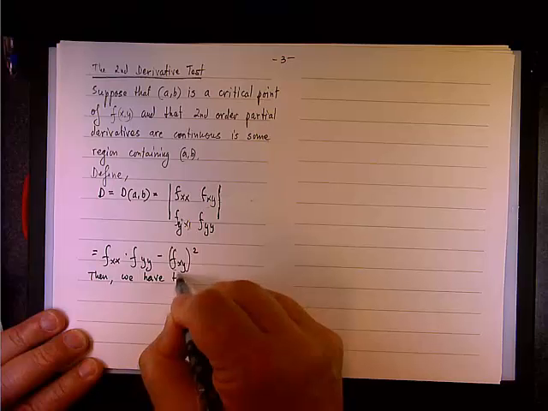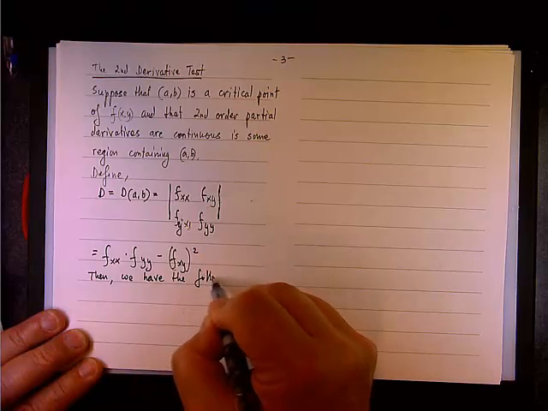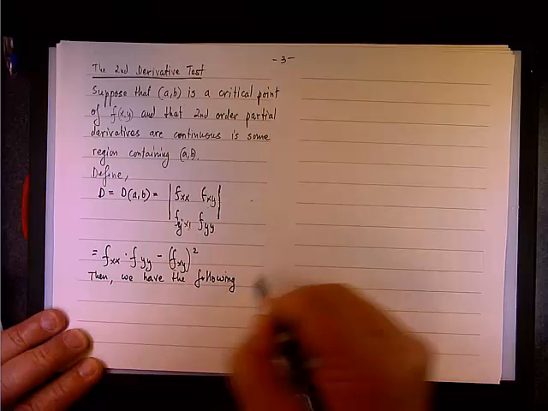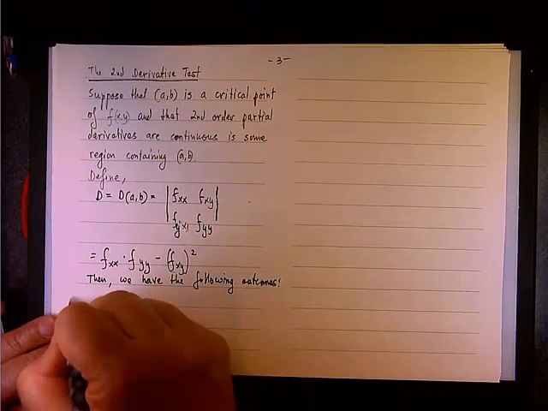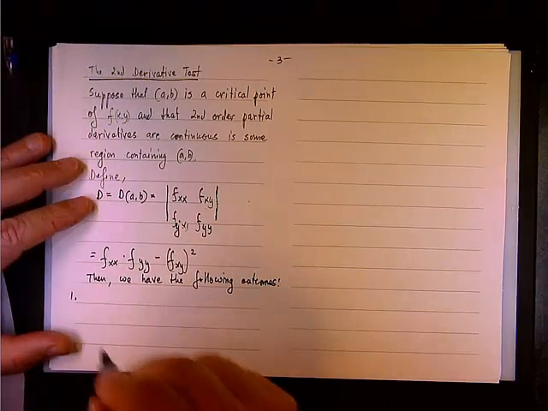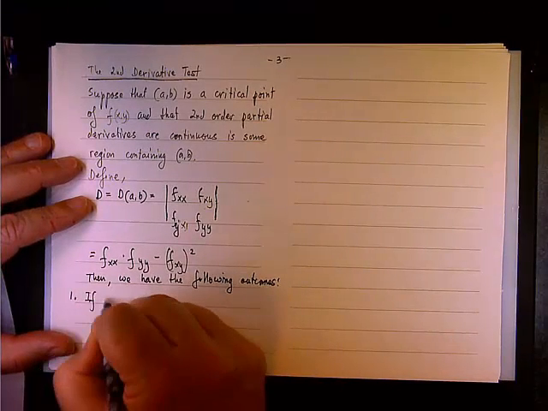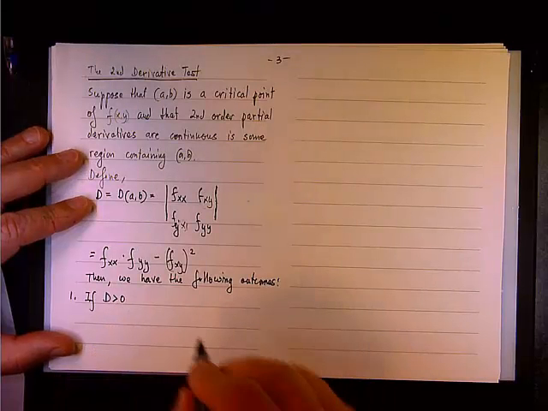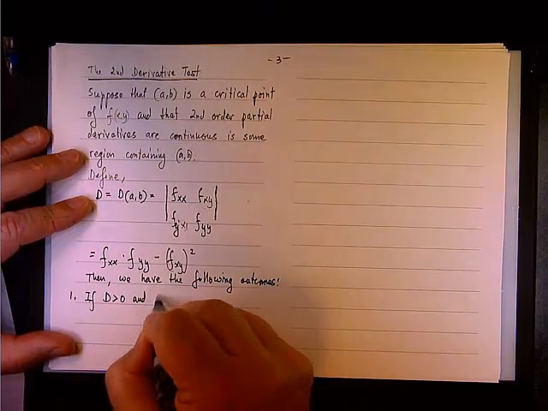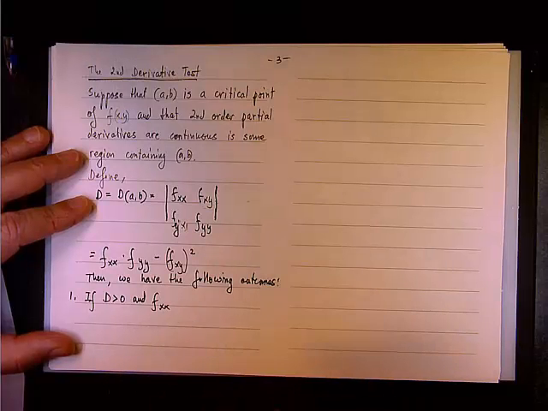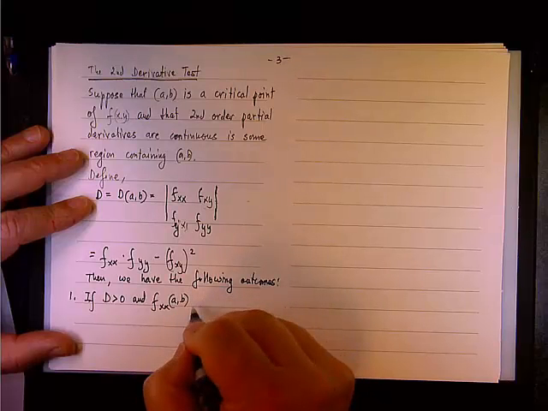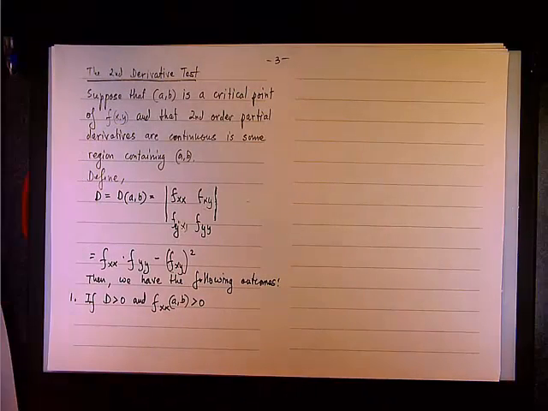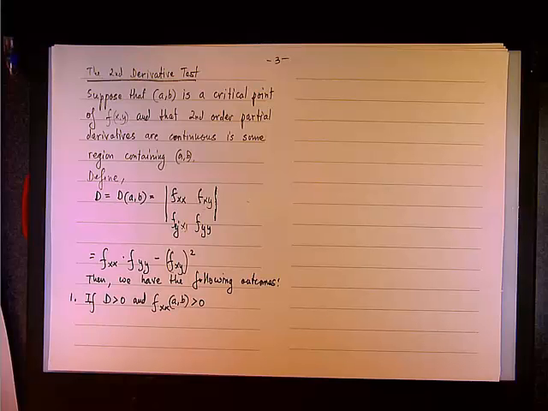So then we have the following outcomes of classification. So 1, we're going to say that if D, the determinant, is positive and the second order derivative f sub xx is also positive at (a, b), then what do I think you will have?